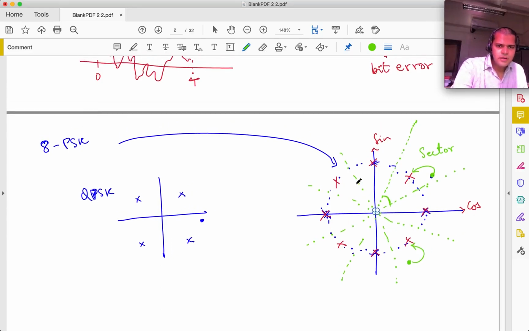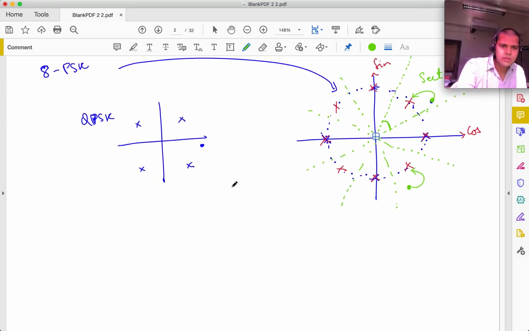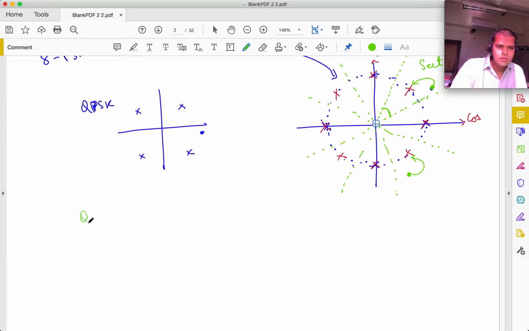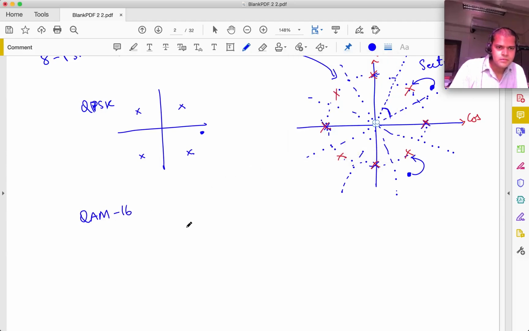So there are some advantages and disadvantages with this or using QAM, right? So QAM, you are actually changing the amplitude. So just to recall, with QAM 16, we had 4 points in each particular quadrant.